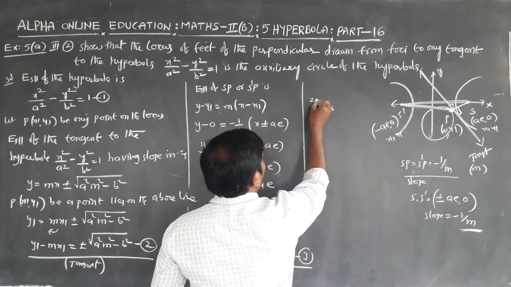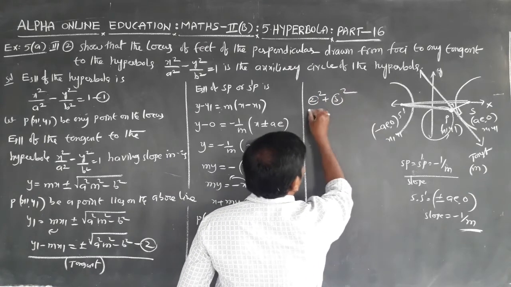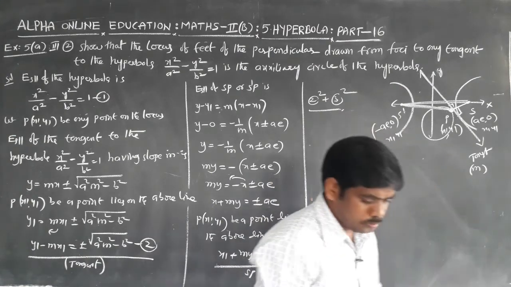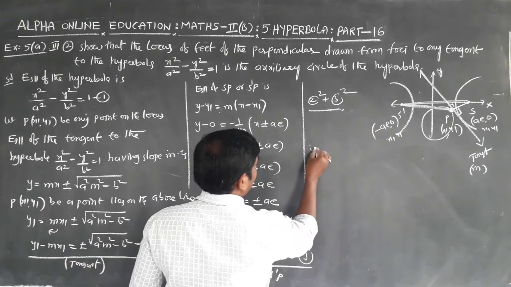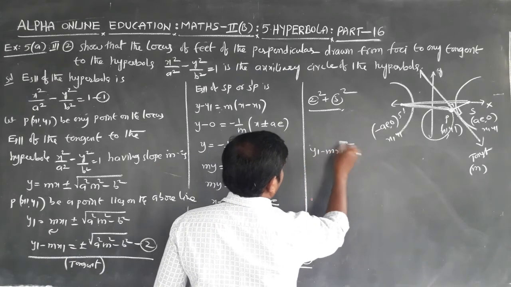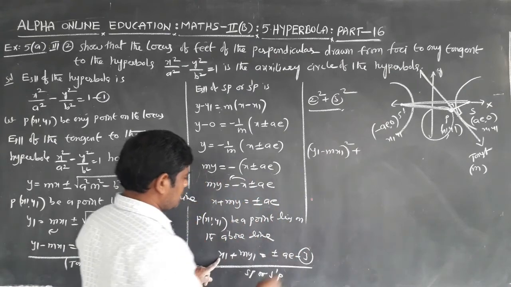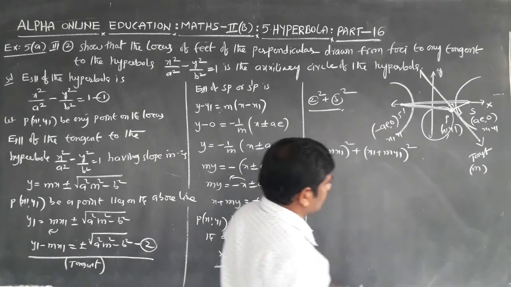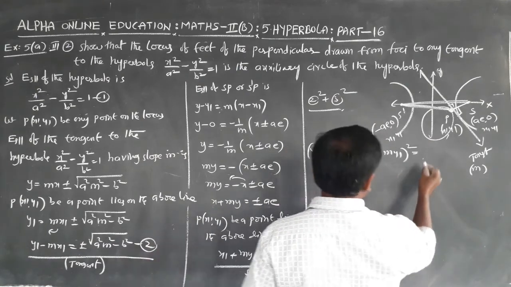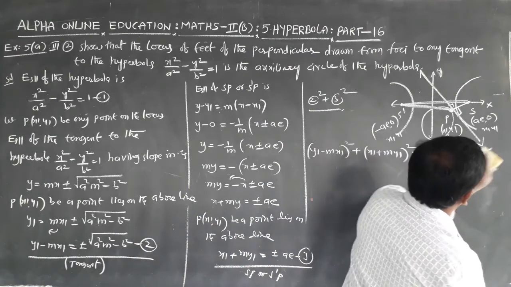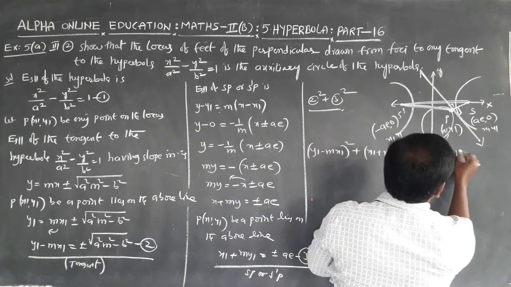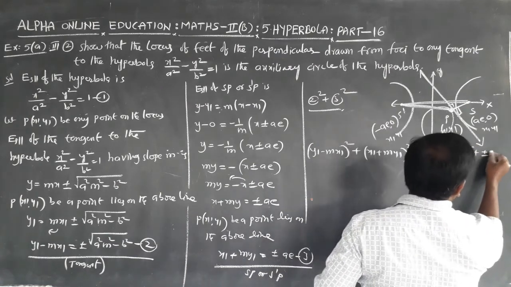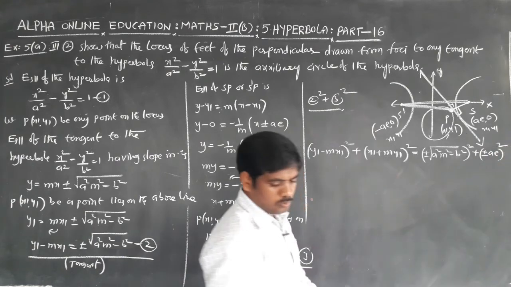So write 2 square plus 3 square: (y1 minus mx1) whole square plus (x1 plus my1) whole square is equal to (plus or minus under root of a square m square minus b square) whole square plus (plus or minus ae) whole square.